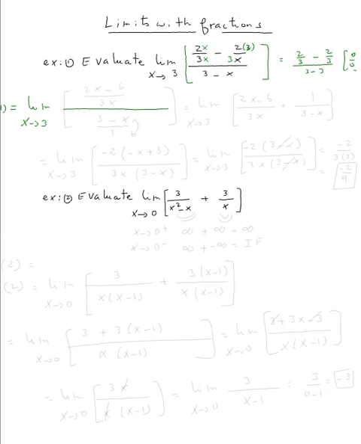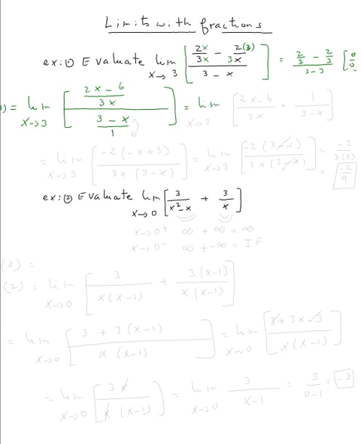So we get 2x minus 6 over 3x, everything over 3 minus x. Now this is the same thing as 3 minus x over 1.